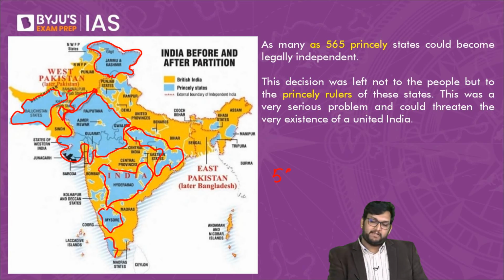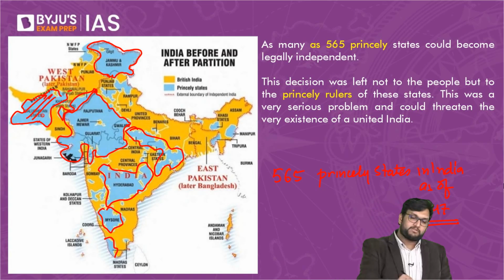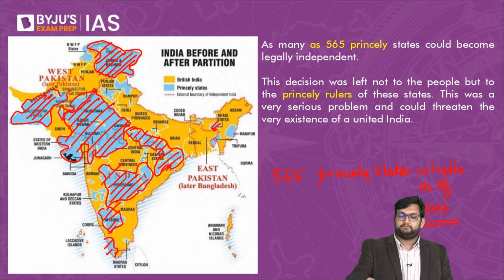There were 565 princely states in India as of 1947. And these zones which you see now technically have an option.